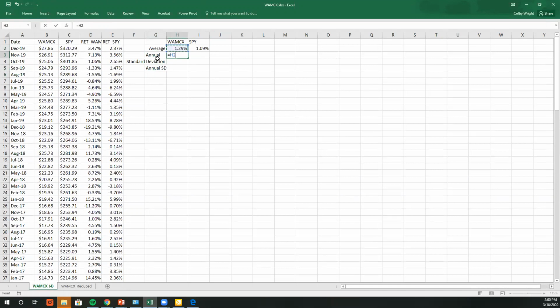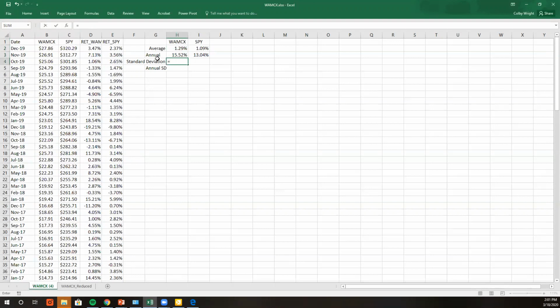It's just the monthly continuously compounded return times 12. So that's super easy. And you can see that over those 10 years, WAMCX really did outperform the SPY on a return-only basis. You can see that WAMCX returned 15.5, S&P was at 13.